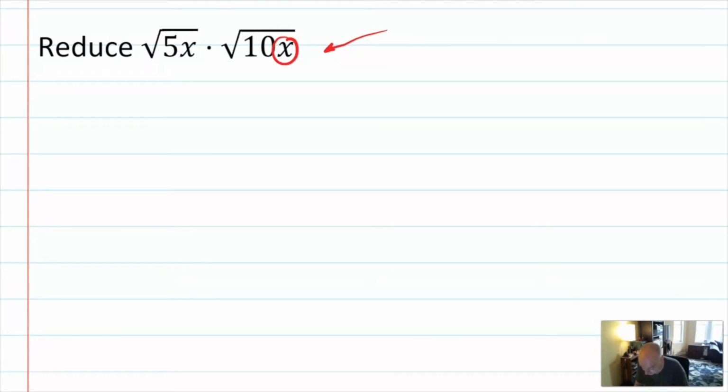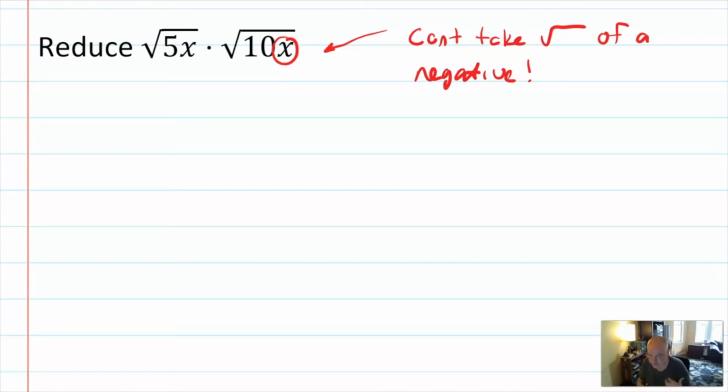Now, it is illegal to take the square root of a negative number, which means that for this to be a legal expression as written, x has to be greater than or equal to 0 implicitly. That is, it's not stated directly in the problem, but it's there based on the rules of roots. And that's going to be important when we get into the absolute value thing later.